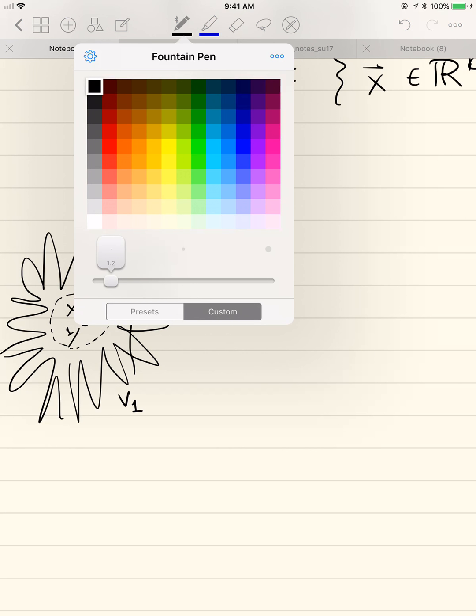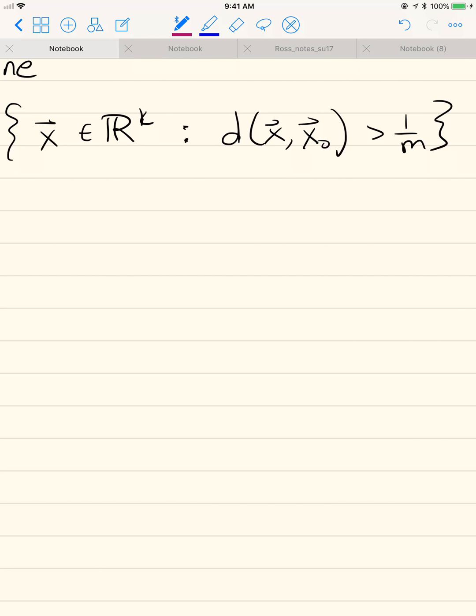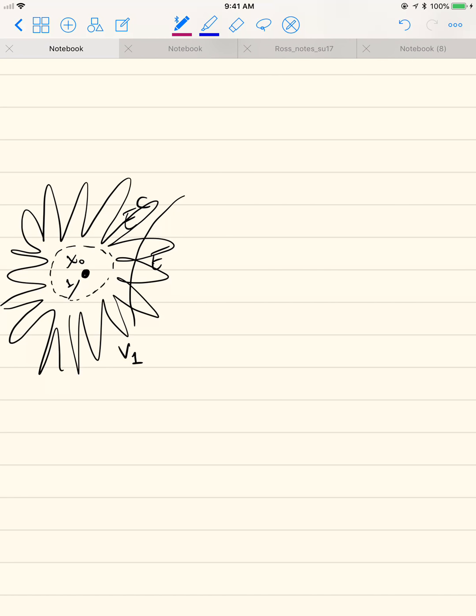That's V1. Now what about V2? V sub 2 is all the points in R^k whose distance is bigger than 1/2. So now I've got to come in, and here's 1/2, and I want all of the points whose distance is bigger than 1/2. So that's V sub 2.